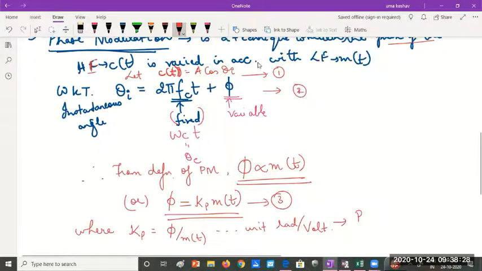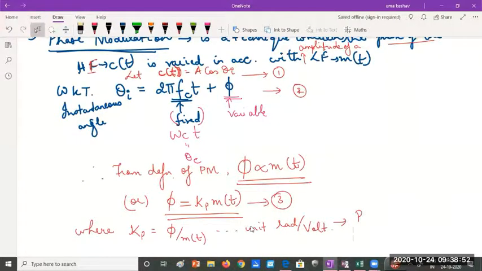When I say in accordance with, here if you want you can add in accordance with the amplitude of a low frequency message. So in the definition itself, it would be better to include the amplitude of the low frequency message so that this remains fixed in your mind.